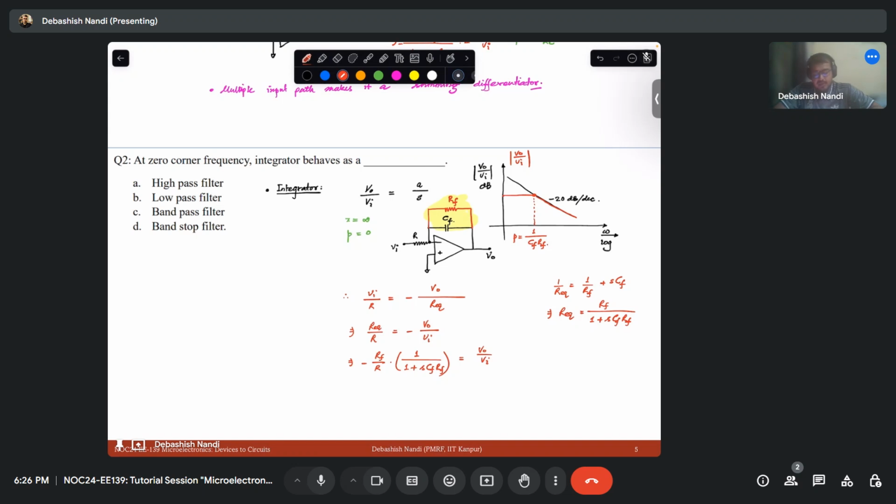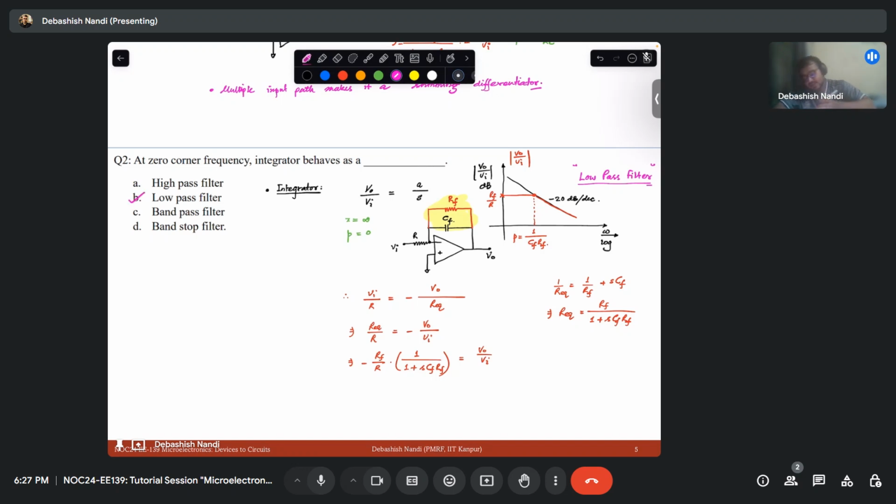And this gain is RF by R, and then it will give you a response similar to a low pass filter. So we see that at zero corner frequency, our integrator behaves as a low pass filter.